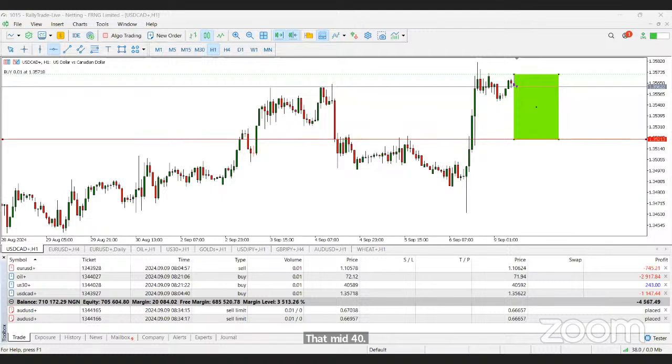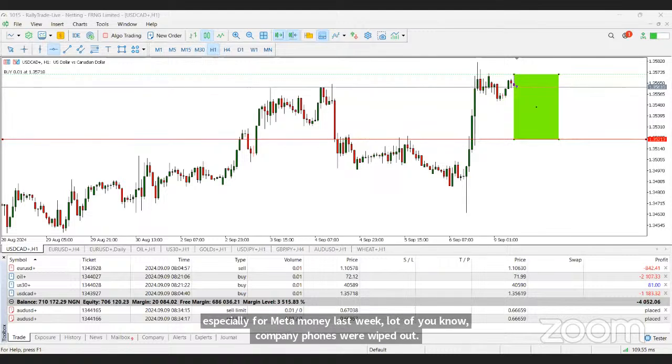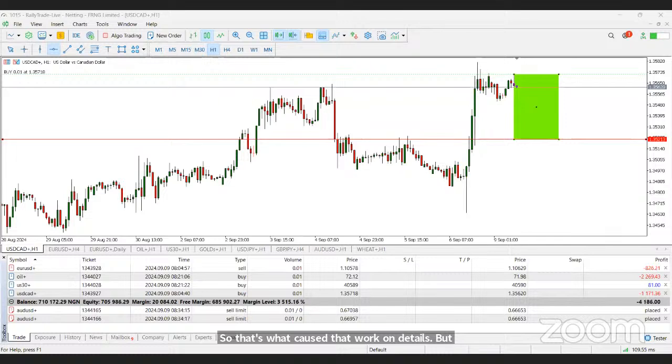Some tech companies lost money last week, like Nvidia two weeks ago, and especially Meta last week. A lot of company funds were wiped out. So that's what caused the downpour on DE40. But of course, the market is beginning to rise, so we are beginning to have faith after that serious loss. That's a good thing. So it's not an issue, man.